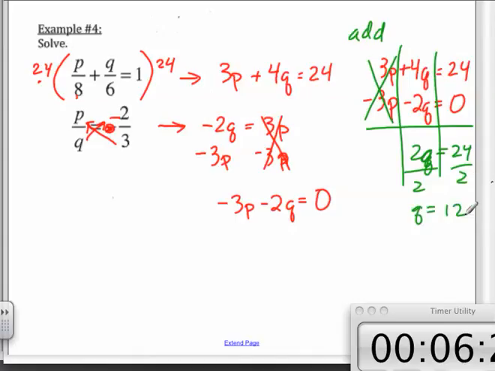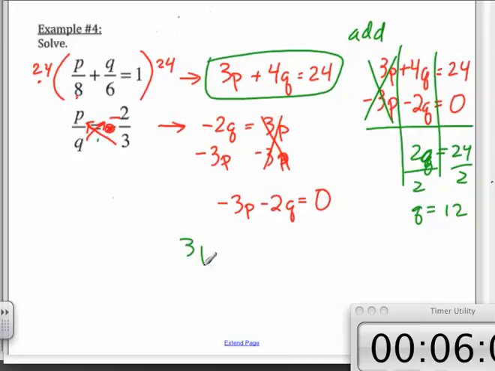Beautiful. Now, if I want to solve for p, I can plug it into any of these equations. I'm going to plug it into this one, just because it's simplest. I don't want to plug it into the ones with the fractions. I'm going to make it as simple as I can for me.